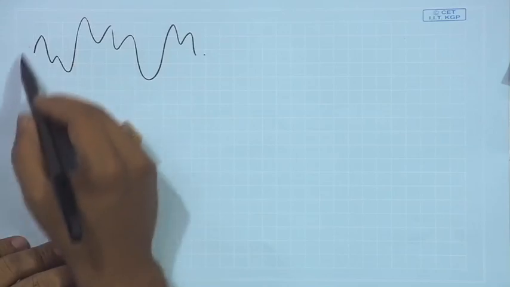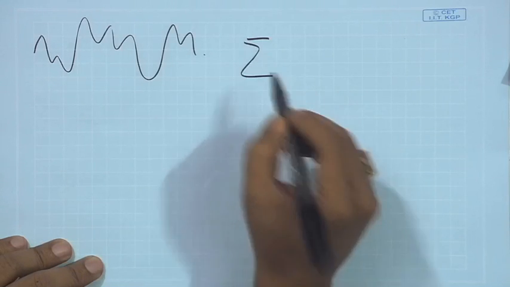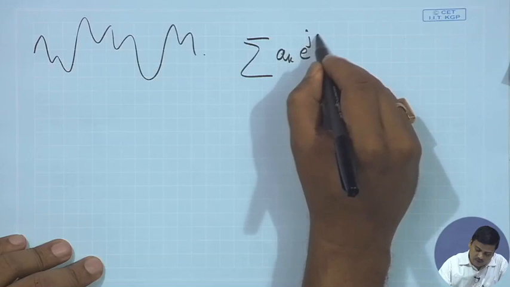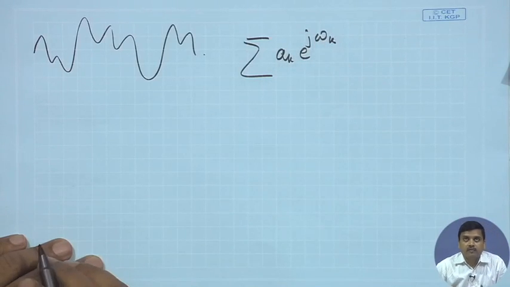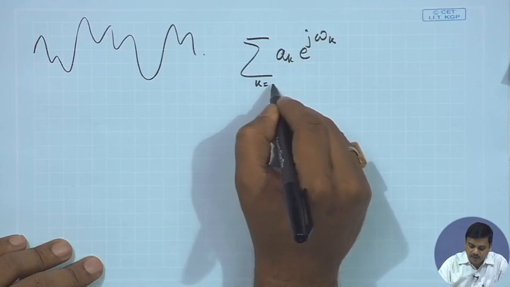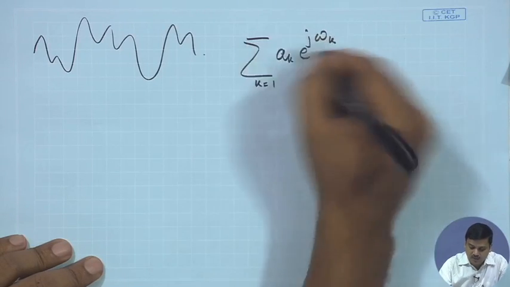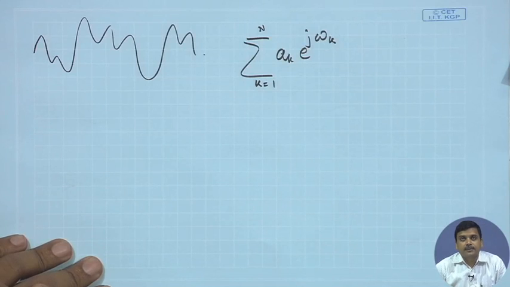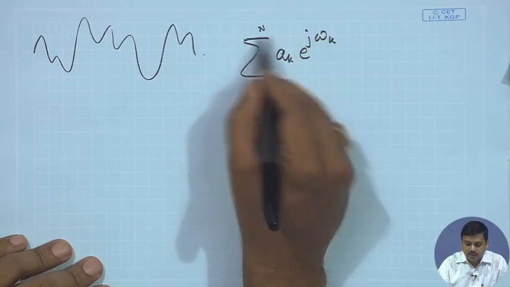Now then there was a change of view at a certain point of time. What was realized is that, well, if this signal is made up of several sinusoids, let's say I call it a_k e^{j omega_k}. If I say I can recreate it, k equals 1 to, actually it goes to infinity, but still let's say we have a finite number. Okay, k is the index, so that's why I'm taking it only positive.